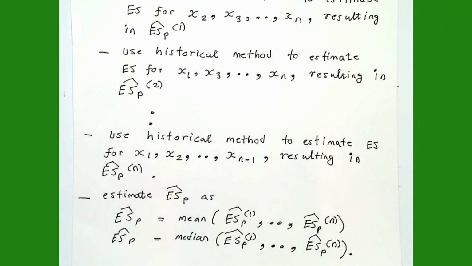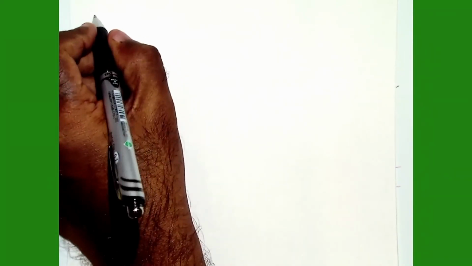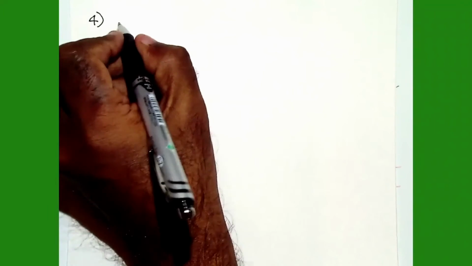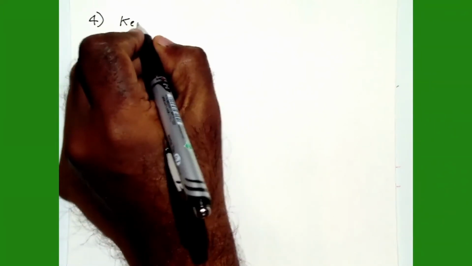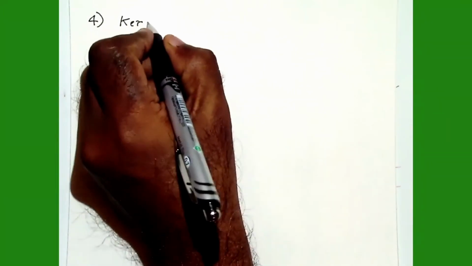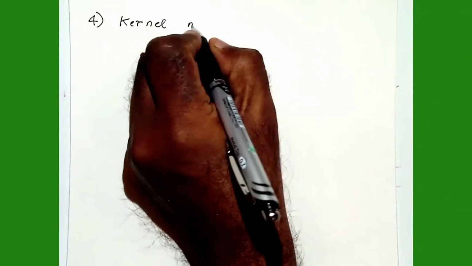And the fourth method I'm going to talk about is known as the kernel method. So this has a parallel to the kernel method I talked about under the heading non-parametric estimation of VaR. Okay, so this is number 4. Kernel method.